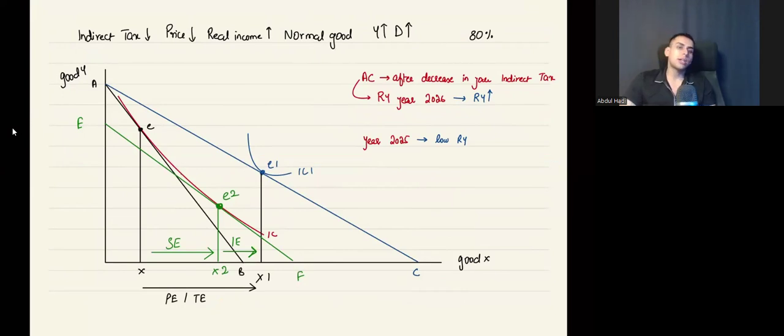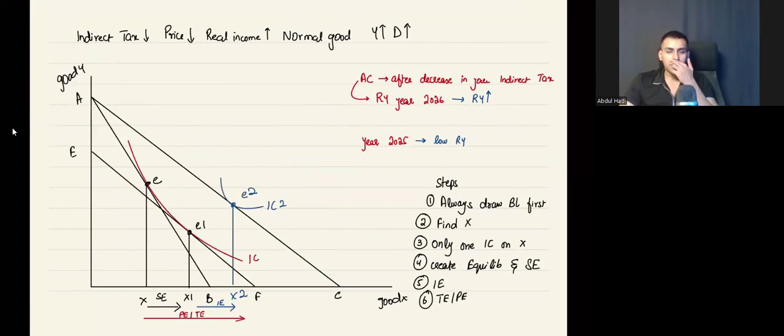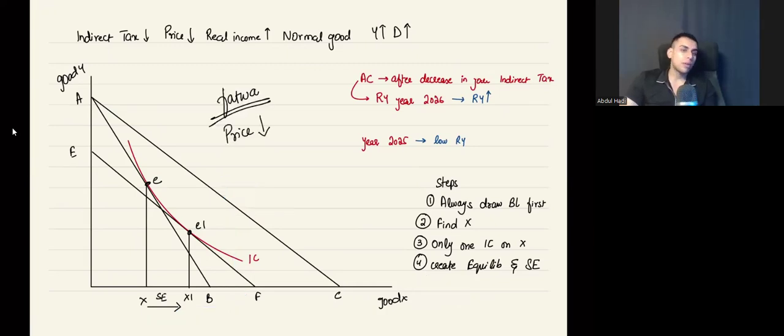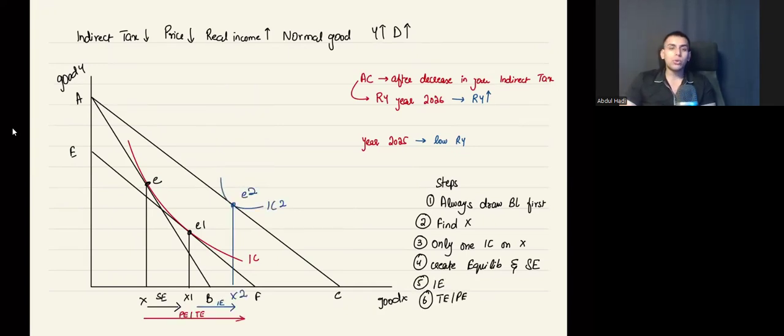Because the diagrams are the same. It doesn't matter how you draw the diagram, but it should be correct. If you draw the examiner's way or my way, it doesn't actually matter. The only thing that matters is that it should be correct. And in my diagram, you can always follow the fatwa, which you cannot do in the examiner's diagram. So this is how you draw the income and substitution effect of price decrease.